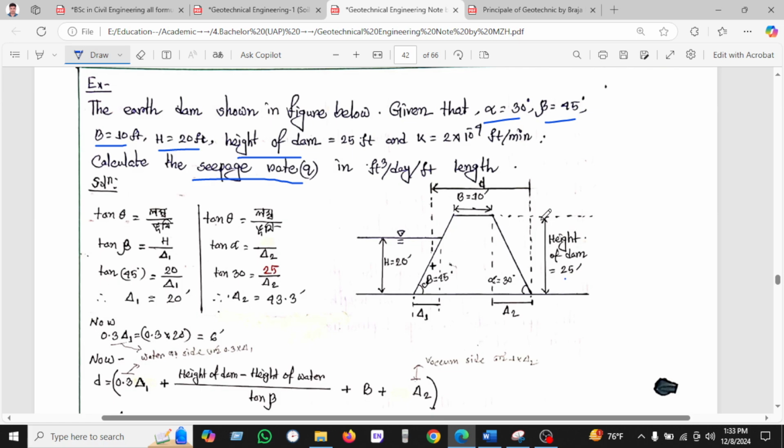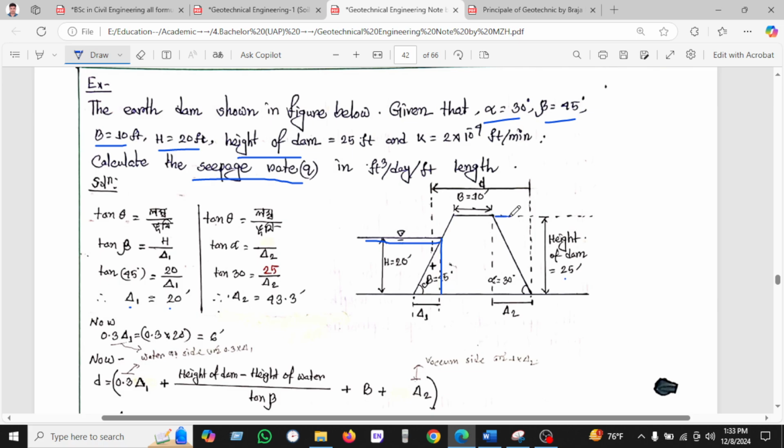H is here, and delta is this portion. In this way we calculate delta 1 equal to 20 feet. So this length of delta 1 is 20 feet, because the water portion is here.